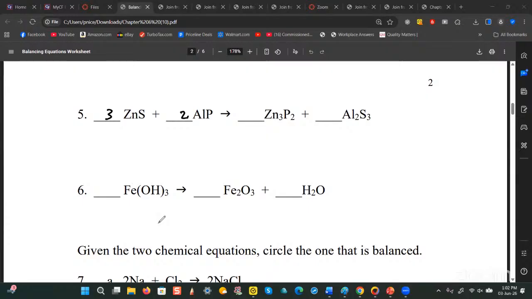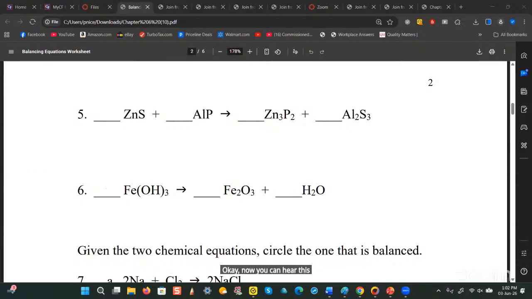Put a 2 in front of the Fe. Okay, and what else? 3 in front of each. And then 3 in front of the H2O. And yes, that would achieve the balance. All right, very good. Okay, let me clear this.